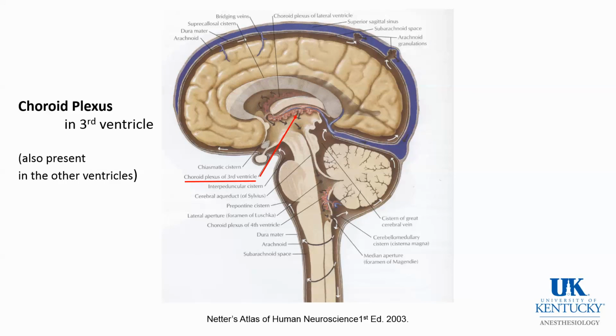The choroid plexus is the site of production of cerebrospinal fluid, and although it is mainly in the third ventricle, it is also in the lateral ventricles and the fourth ventricle.